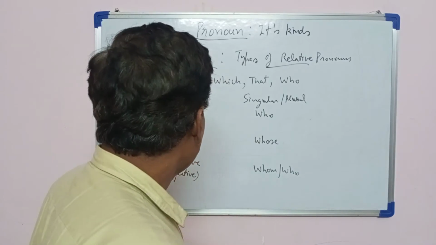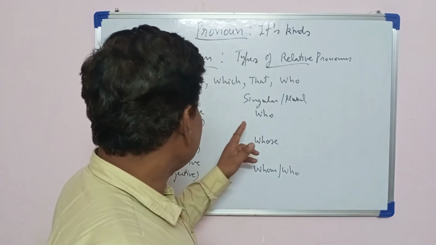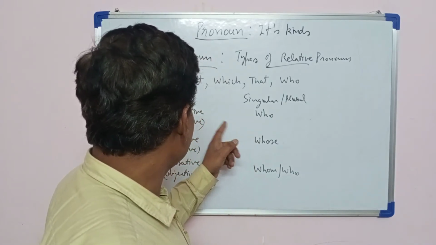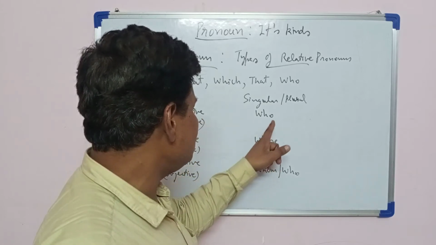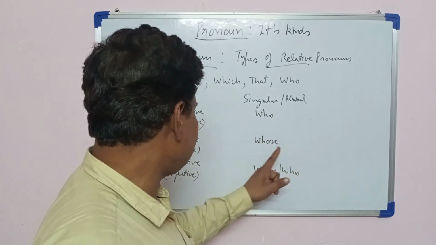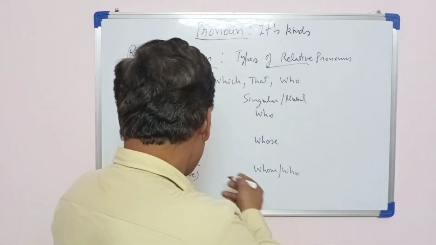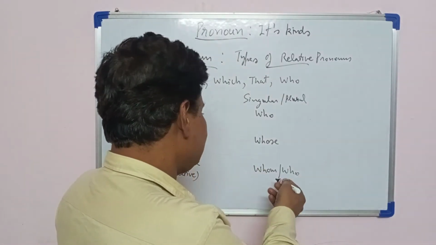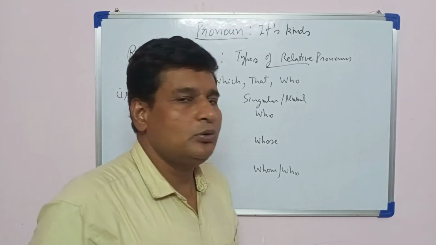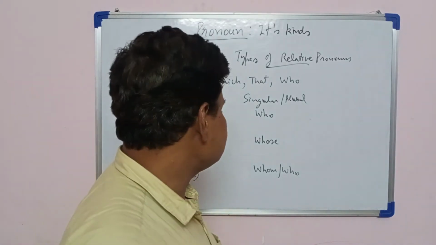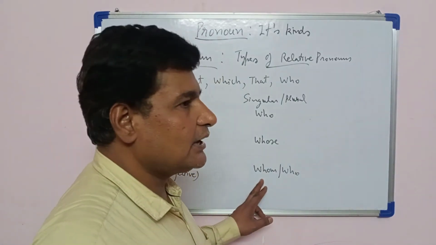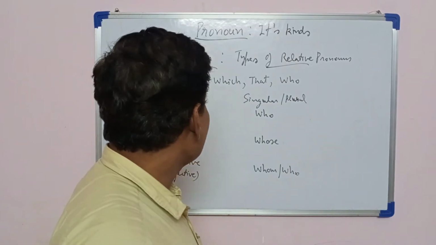So when used as a nominative, who will be used, and for possessive case we use whose, and for accusative or objective case whom or who. Who is used in informal English, otherwise whom is very common.